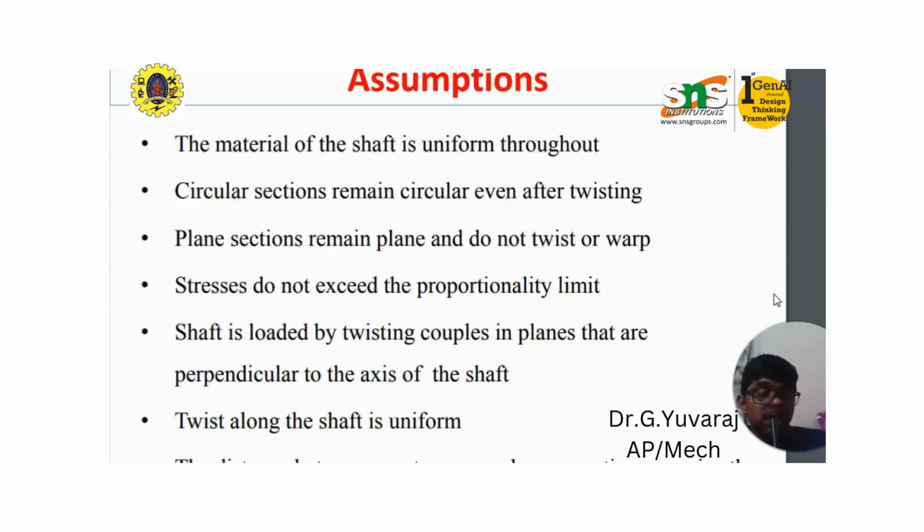The twist along the shaft must be uniform, and the distance between any two cross sections remains the same, keeping the shape of the shaft. That means there is no twisting warp present.